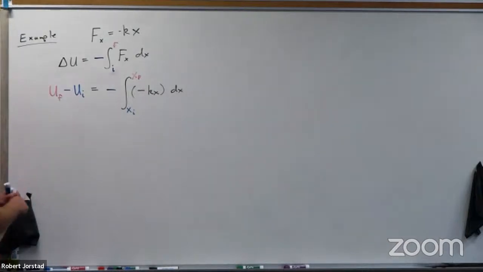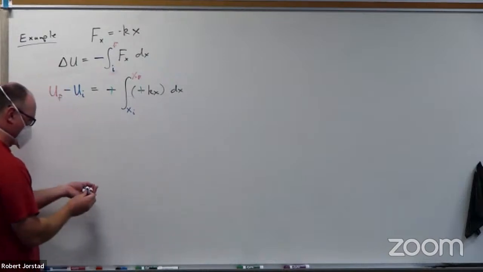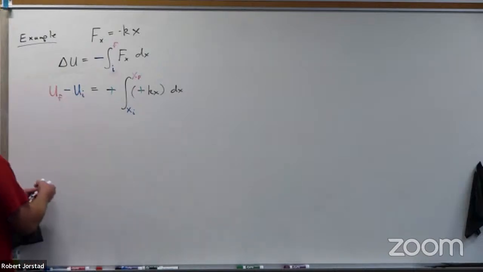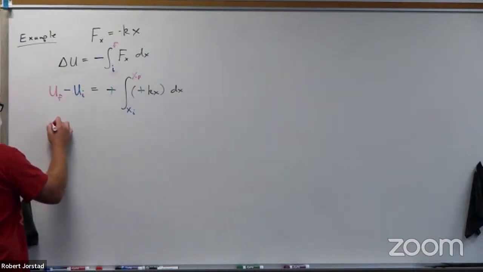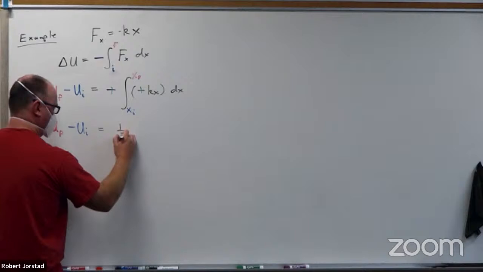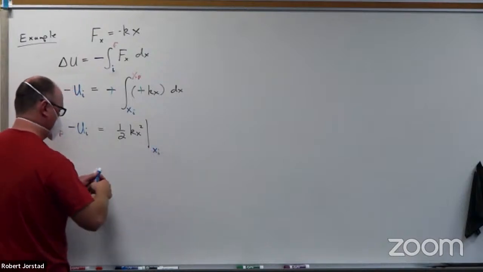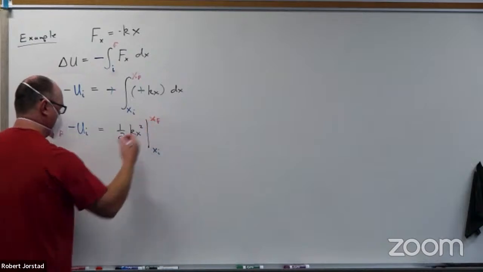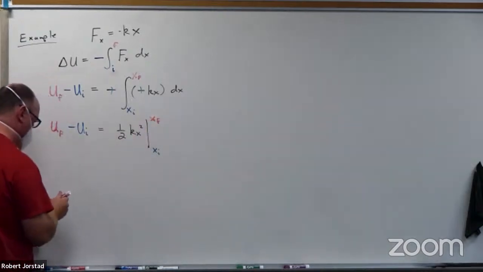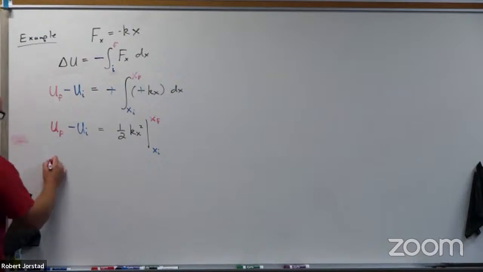In this case, you agree these two minus signs cancel? So I get u final. Well, when I integrate this, that's 1/2 kx squared. I'm going to move this to the other side.